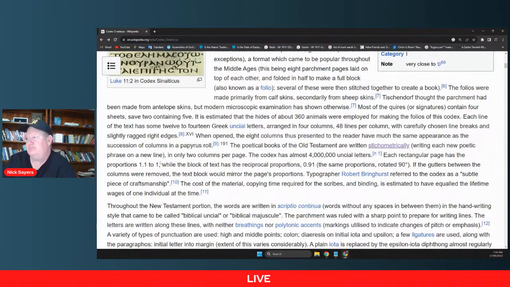Writing each new poetic phrase on a new line in only 2 columns per page. The Codex has almost 4 million uncial letters.